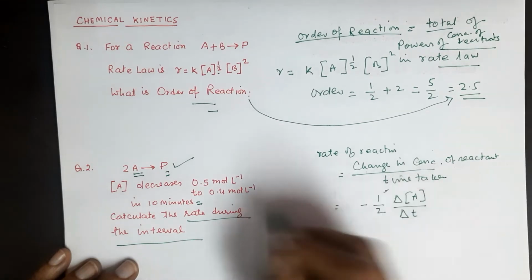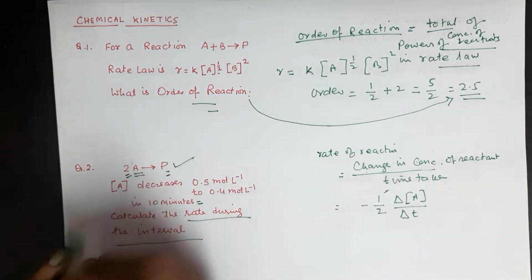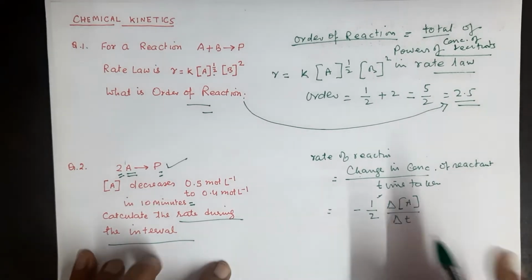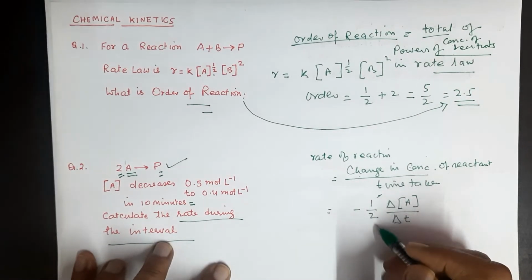Why minus half? Because this is the stoichiometric coefficient, which is 2.